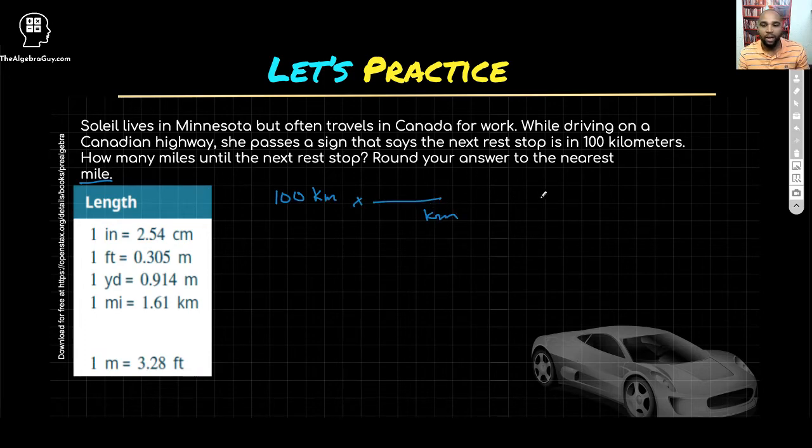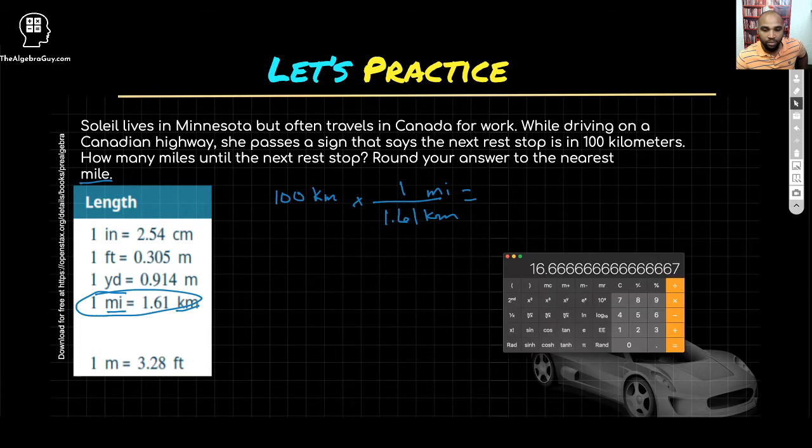And I want miles. Can I go from kilometers to miles? So here's kilometers and here's miles. Yes, I can. Great. And I know there's 1.61 kilometers in 1 mile, according to this conversion there. So we can now work that. Take out my calculator.